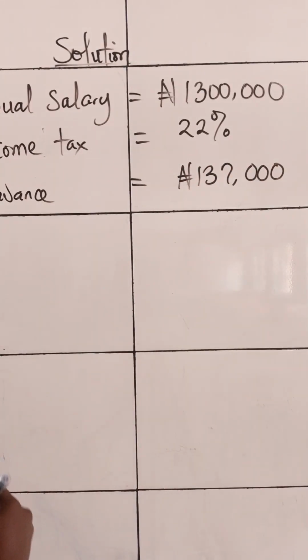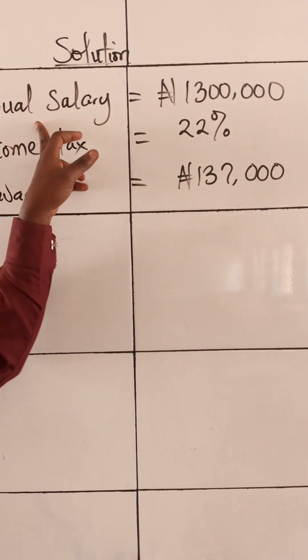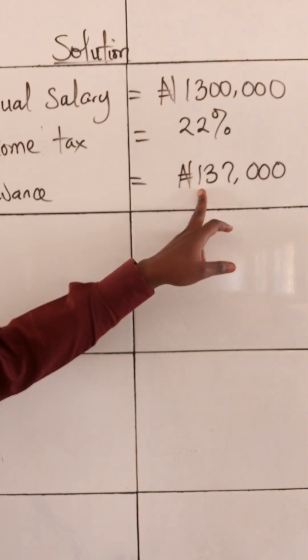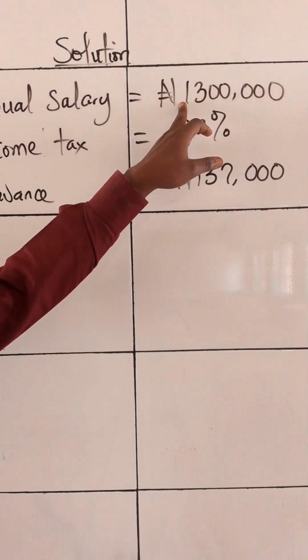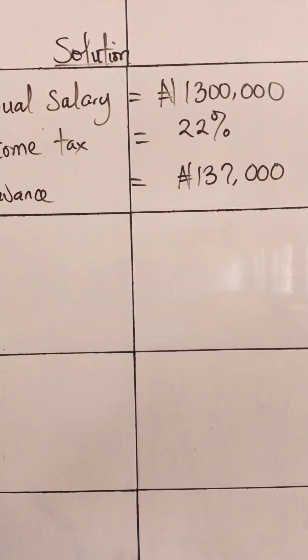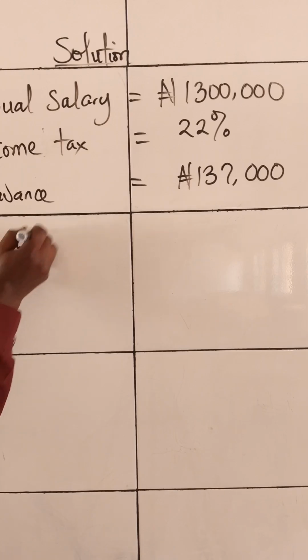Okay, so to solve this question, the first thing we are going to do is to subtract the allowance from the annual salary, because allowance are not taxed. Okay, so for you to know the amount to tax, you have to subtract the allowance from the annual salary. So we write what we call taxable income.